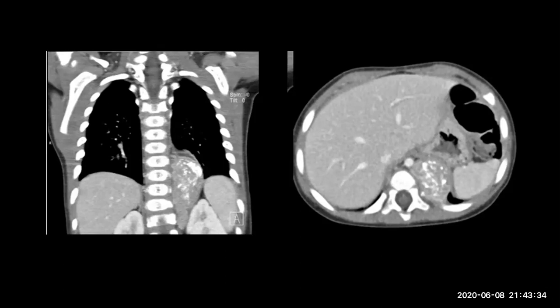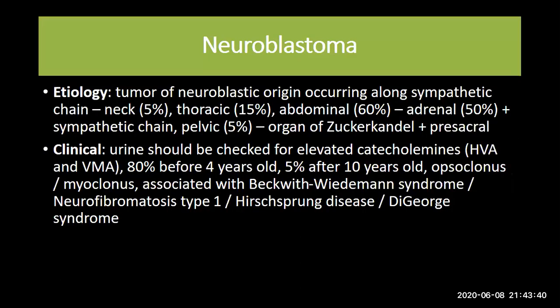Okay, very good. This patient has a neuroblastoma, and here is some information about it. It is a tumor of neuroblastic origin along the sympathetic chain.